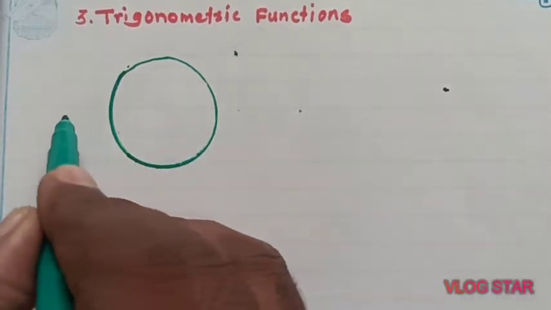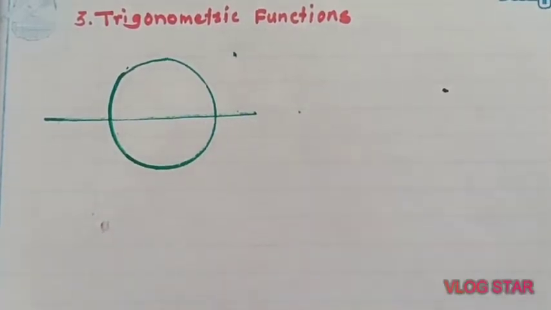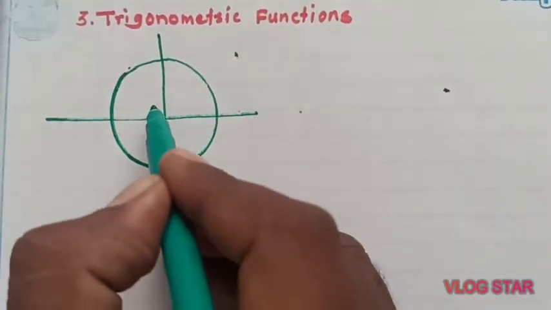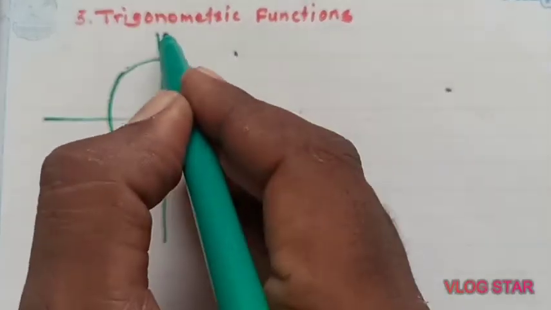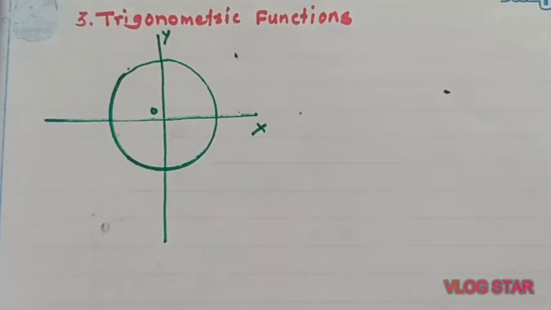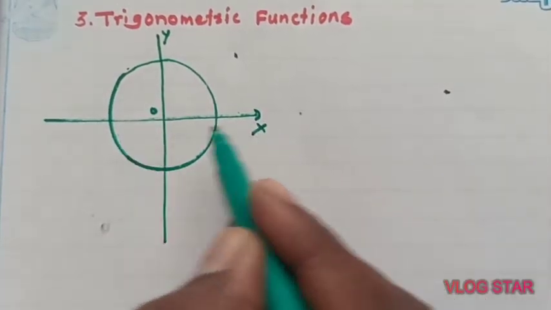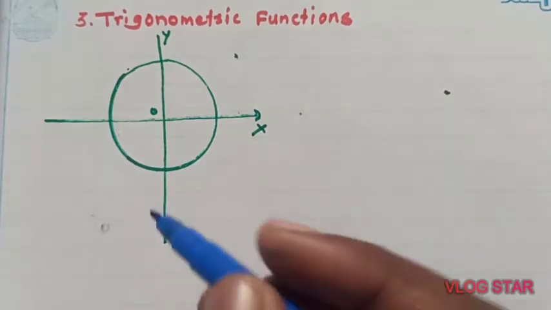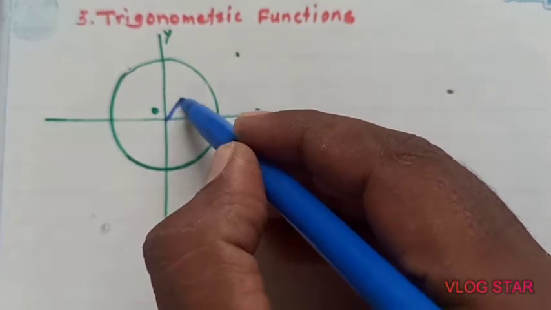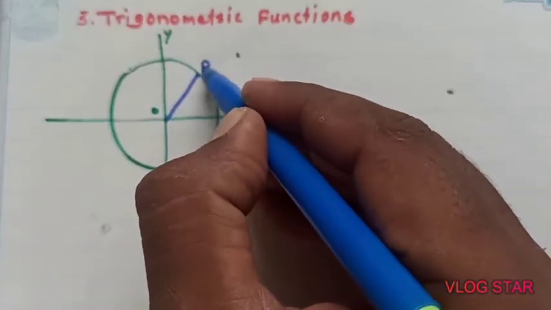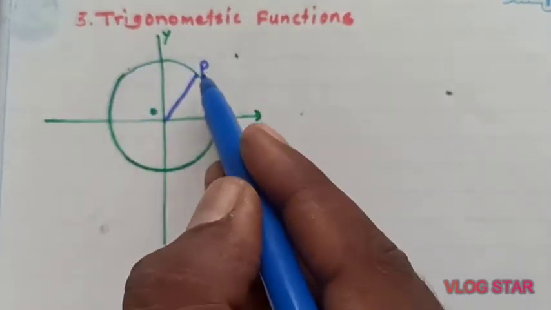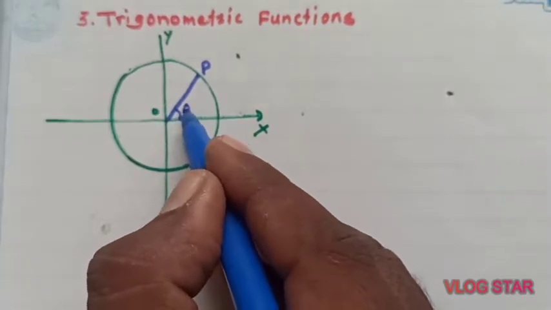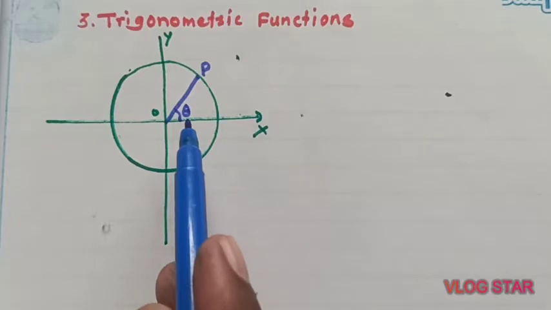So I have here a circle, what we call the standard circle. So this is the origin, this is the x-axis, this is the y-axis, and suppose I consider OX as an initial arm, so your angle theta is with a terminal arm, say point P. So as P changes position, the value of the angle, which we normally measure in radians, also changes.